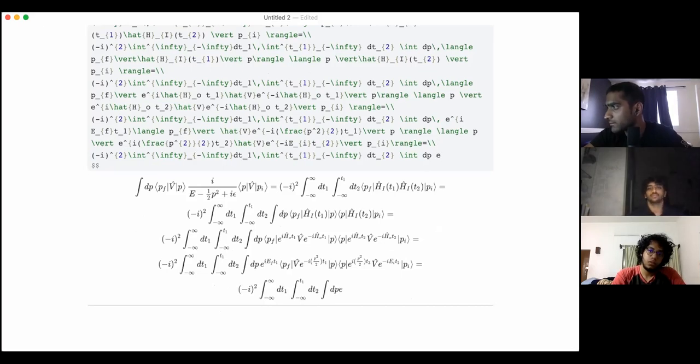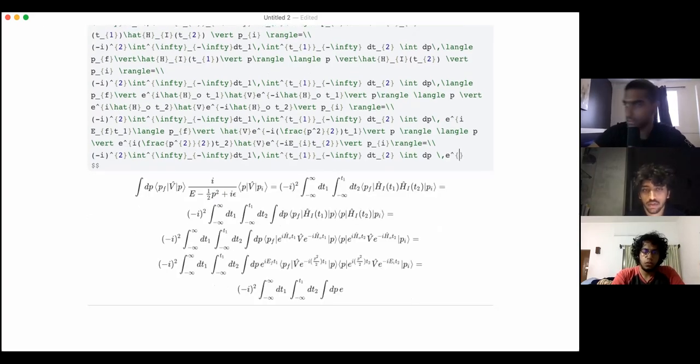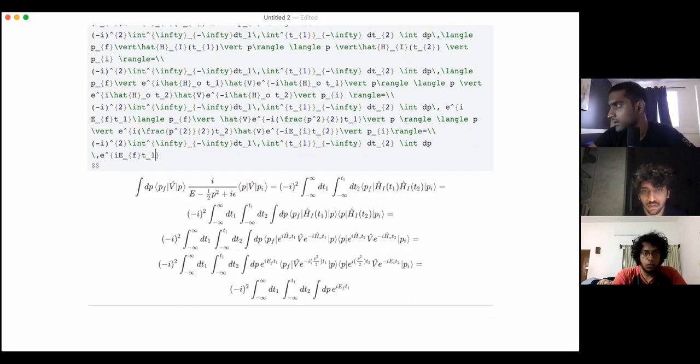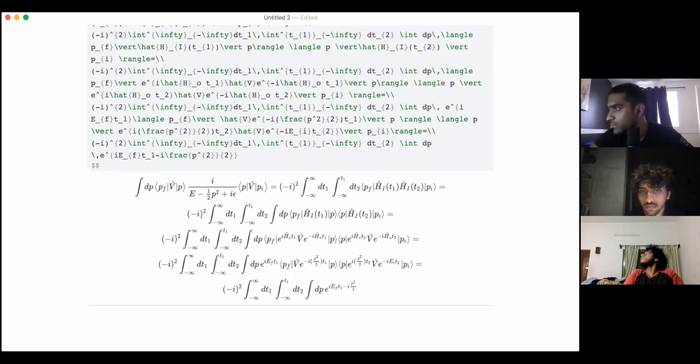And now we have a string of exponentials. e to the power, let's just add them: i E_F t1. e to the power minus i p squared over 2, are we in agreement? Yep. t1. So this is t1.